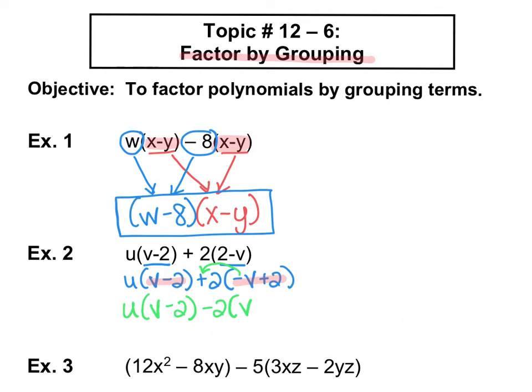But if I have a positive, that means it's either two positives or two negatives. If I pull out one of the negatives, that's going to make the second term negative. So now I can see v minus 2, v minus 2. These now match.